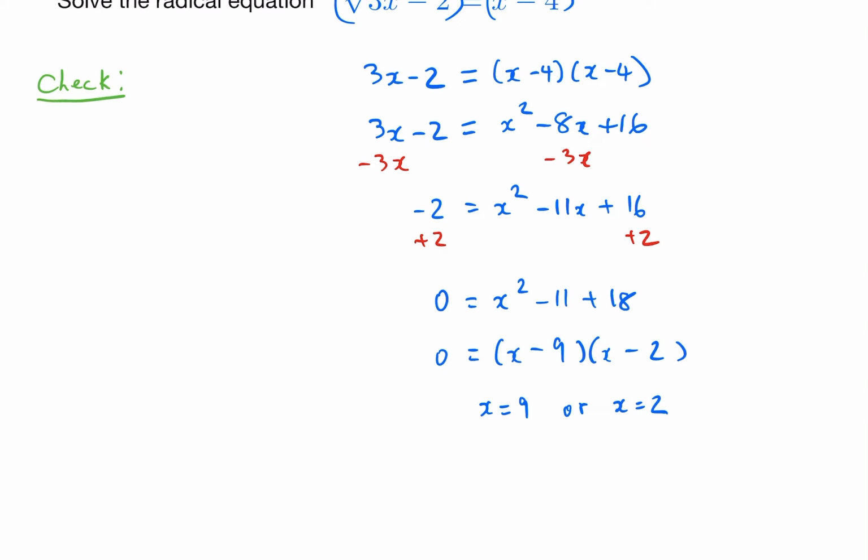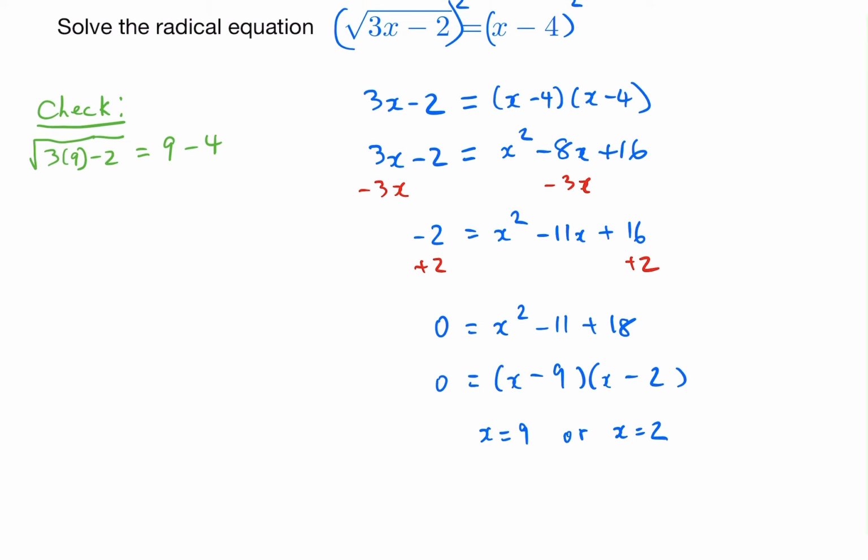Is the square root of 3 times 9 minus 2 equal to 9 minus 4? That was the original equation, so let's work this out. 3 times 9 is 27, minus 2 is 25, and does that equal 5? Square root of 25 is 5, and that is equal to 5. So that checks out.